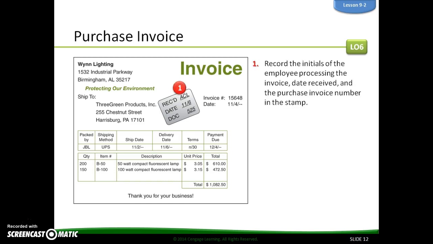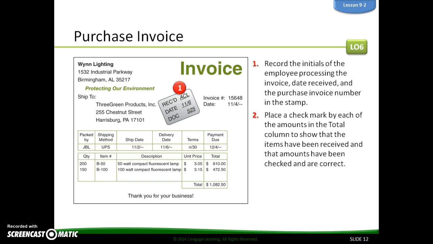So when we're looking at this invoice, what we're seeing here is that there's a lot of information. First of all, whenever a purchase invoice is received, you want to record the initials of the person that received the invoice. So when they received it is noted on here, and then the purchase invoice number is also on the stamp. So you can see it's received by ACL on 11/6, and it's document 525, so that you have some record within your business about when this information was received.